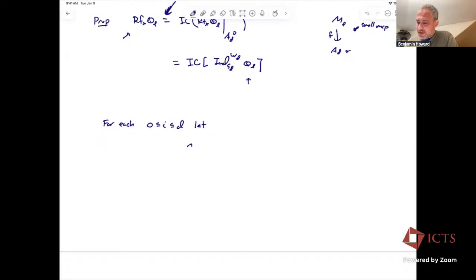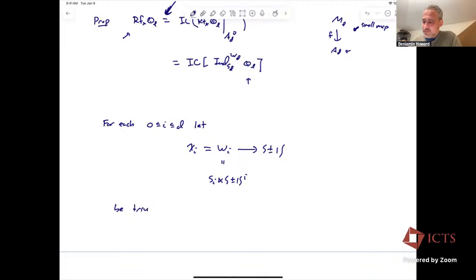Well, I'm going to define a character called chi from W_i, which is S_i semi-direct product plus or minus 1 to the i, trivial on S_i. And then on the other factor, just multiply all the coordinates together.